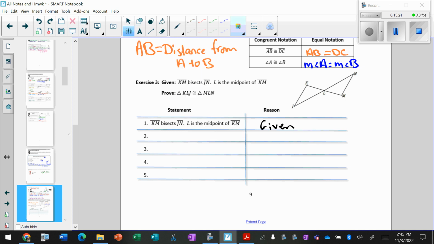So I guess we'll start with what they gave us first, bisect. I asked you a bunch of times yesterday, what does bisect mean? Bisect means cut in half. So if KM bisects JN, KM cuts JN in half, that means JL is congruent to NL, because, as we wrote down yesterday, bisectors create two congruent parts.